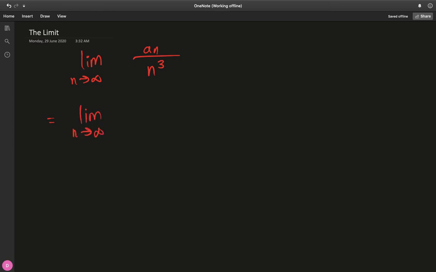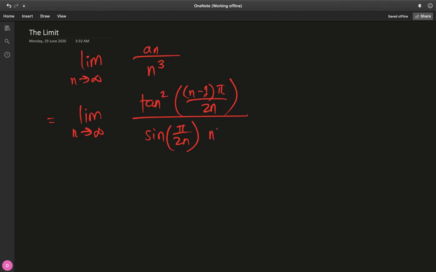So the limit as n goes to infinity of tan squared of (n minus 1) pi over 2n divided by sine of pi over 2n times this n cubed, which is also in the denominator now in the limit.